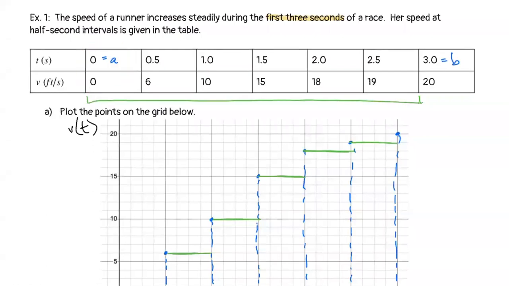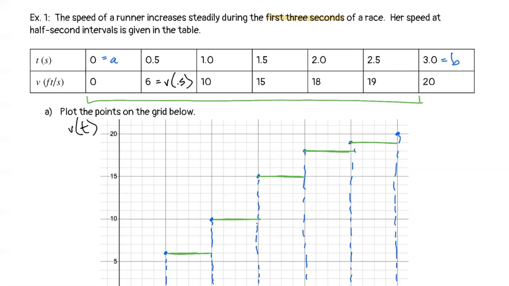How could I represent these y values in general? Without using a number, we could say that they are velocity values, right? 6, what's another way to write 6? Well, maybe I could say that is going to be v of 0.5, right?